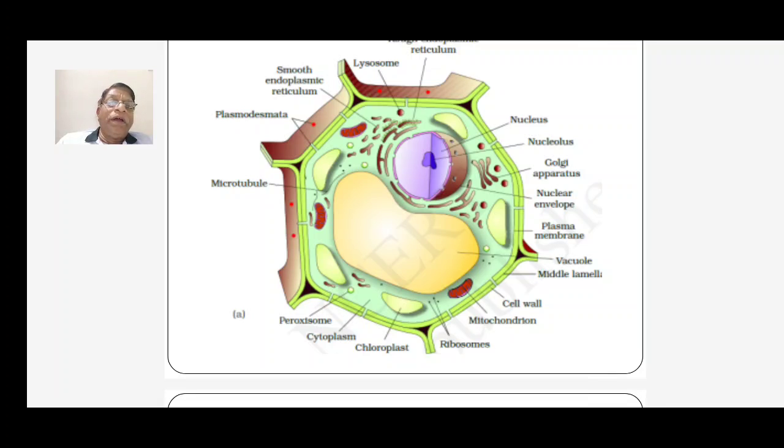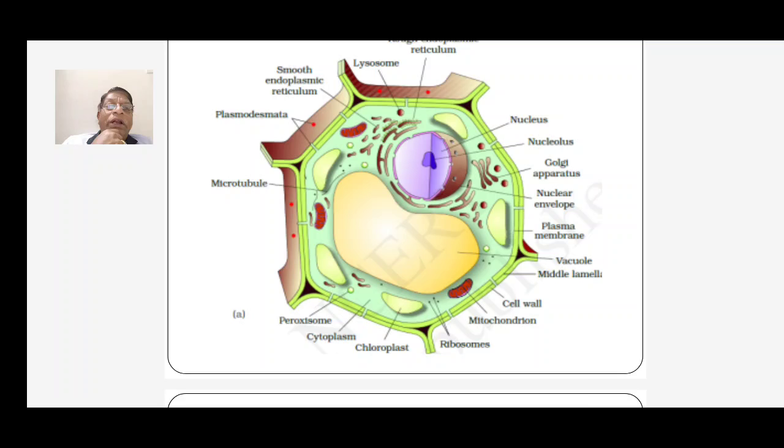Then you can see the plastids. It's a very important one. Plastids are present only in plant cells and they are absent in animal cells.